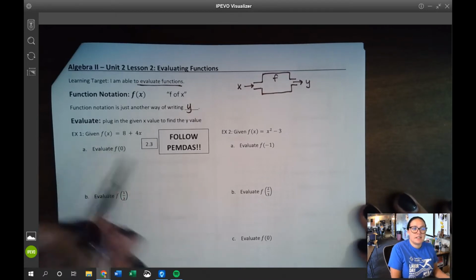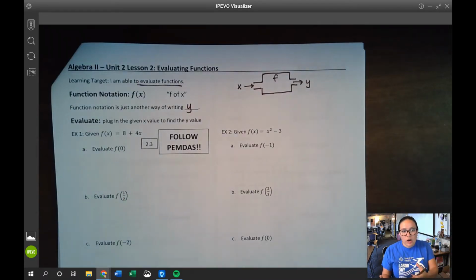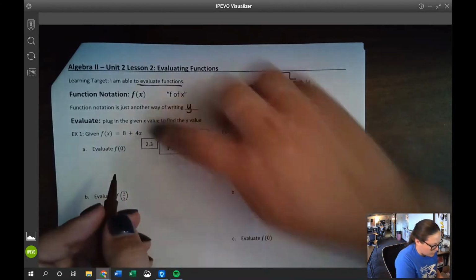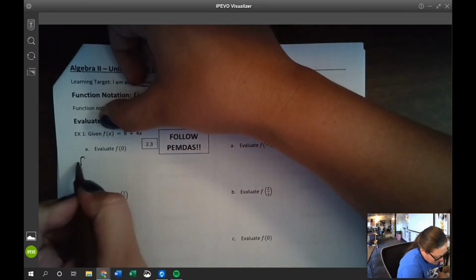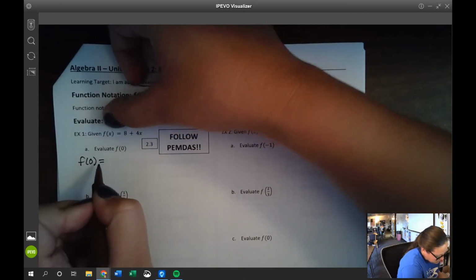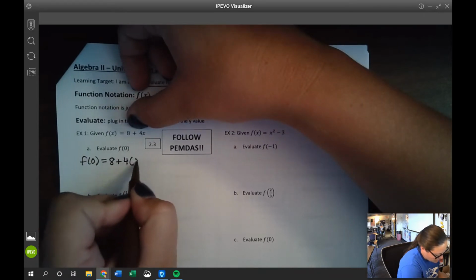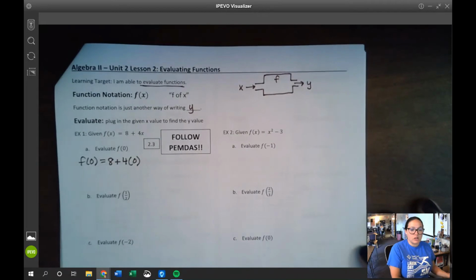So this says what happens when I put 0 into the machine. So everywhere I see an x in this equation, I'm going to replace it with 0. So instead of f of x, it says f of 0 equals 8 plus 4 times 0.